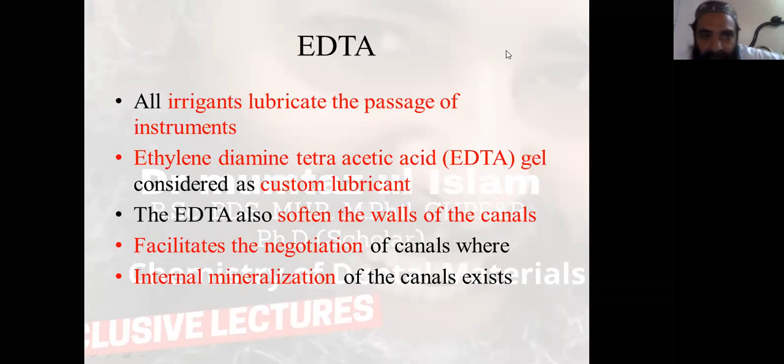Now comes the EDTA. All irrigants lubricate the passage of instruments. Ethylene diamine tetraacetic acid gel is considered a custom lubricant. EDTA also softens the walls of the canals and facilitates the negotiation of canals where internal mineralization of the canal exists.